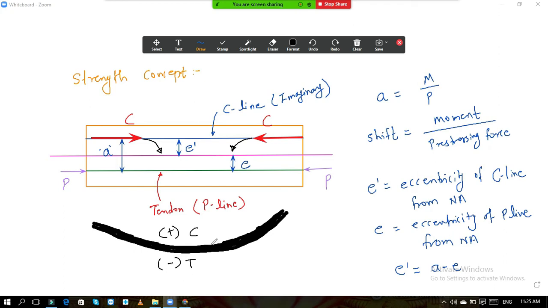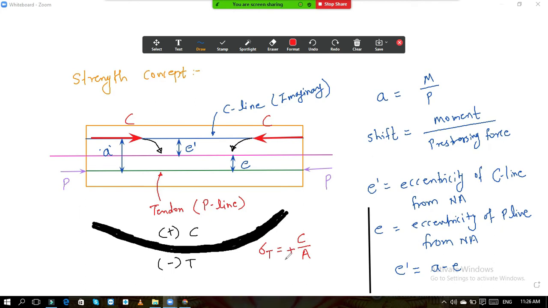If I want to calculate the resultant stresses at top and bottom, I will write them over here. The resultant stress at top, sigma T, is C by A, as C is equal to P, whatever the value of P, the same value we take for C. C by A is always plus.